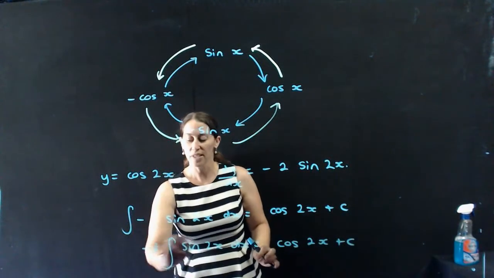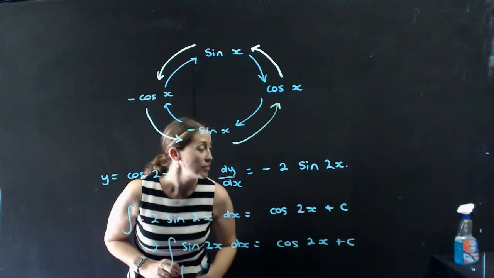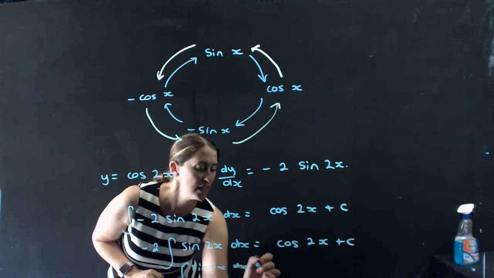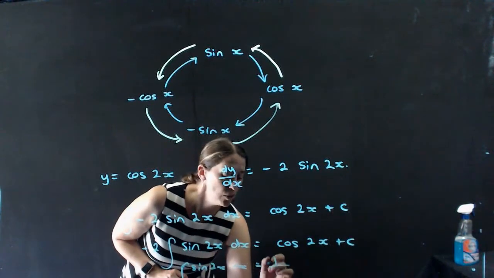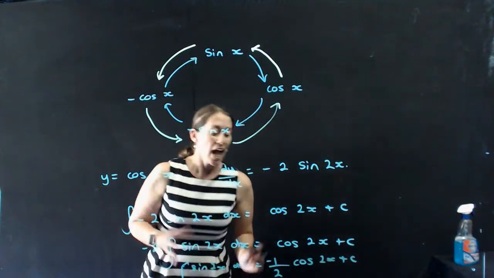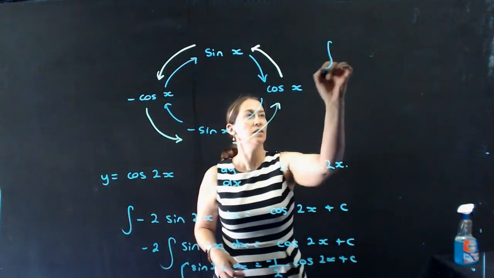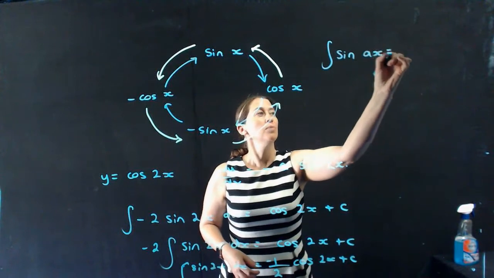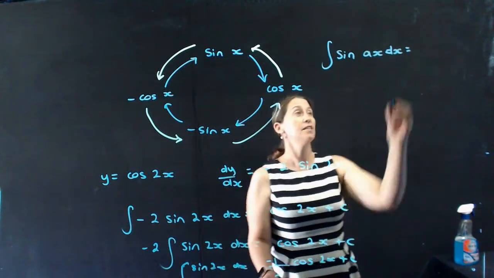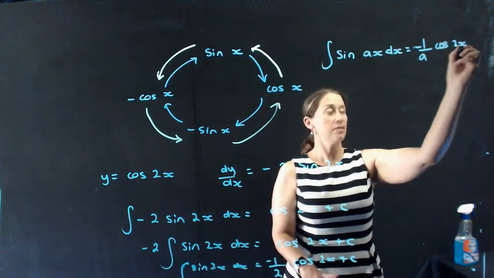Now, if I just want this, it's an equation, so divide both sides by negative 2, leaving me with the integral of sine 2x with respect to x equals negative 1 over 2 cos 2x plus c. And now I can generalize this and say the integral of sine ax with respect to x becomes negative 1 over a cos ax plus c.